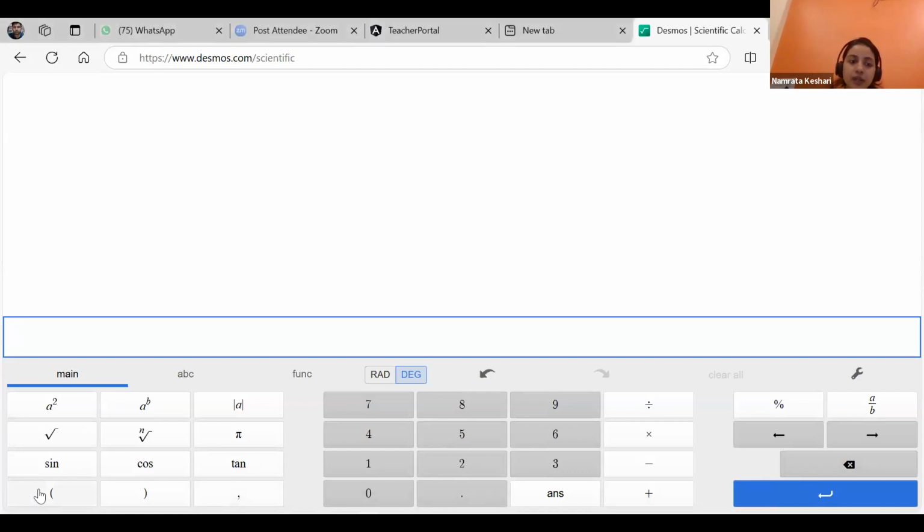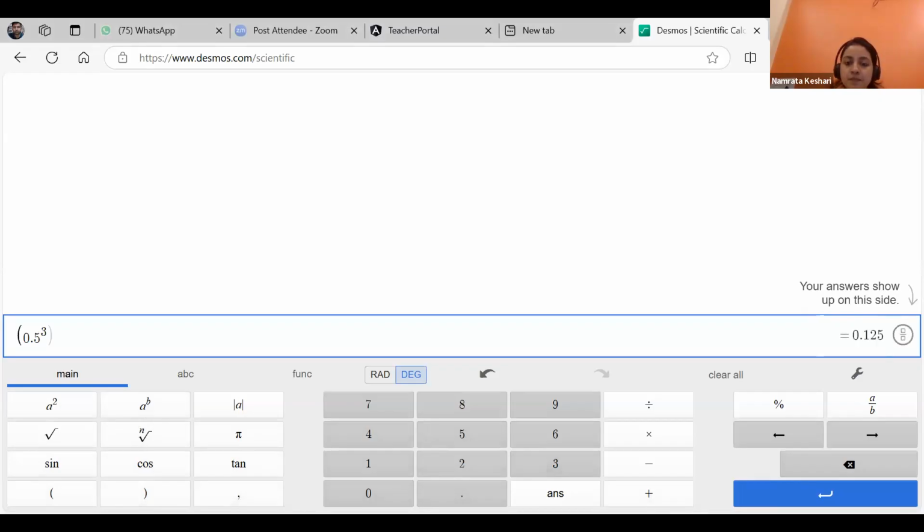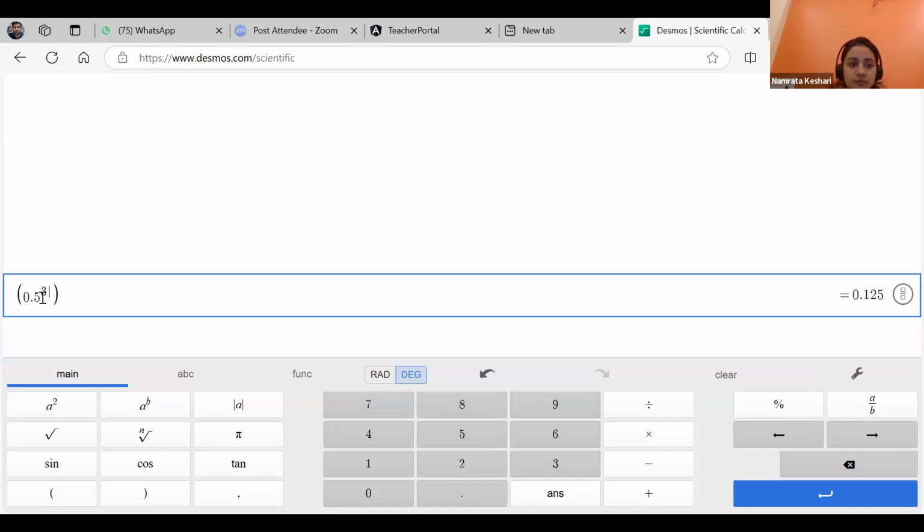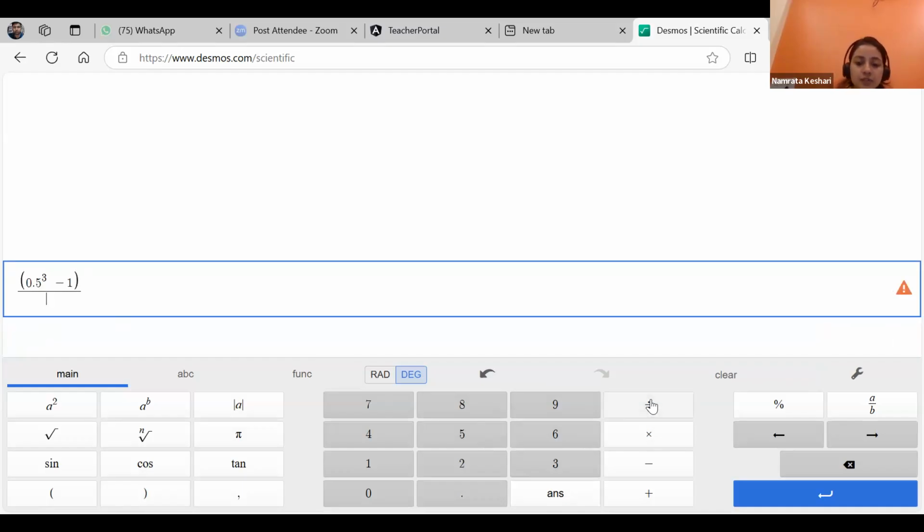So let me use the bracket: 0.5 cube minus 1 divided by 0.5 minus 1.